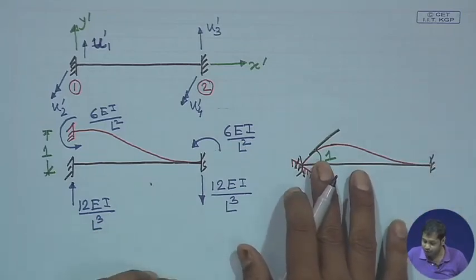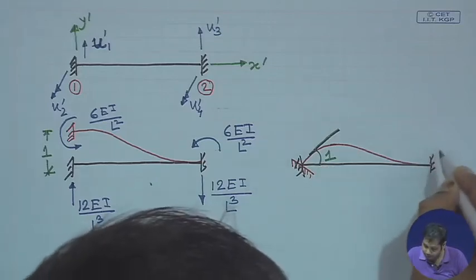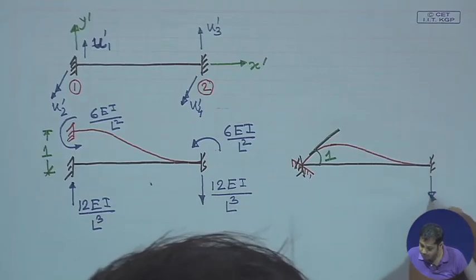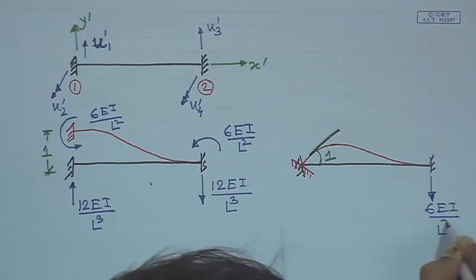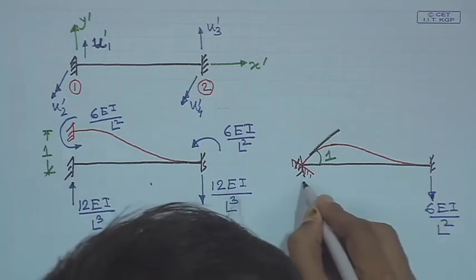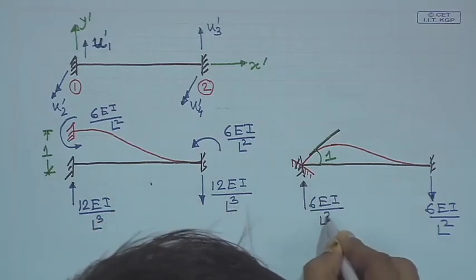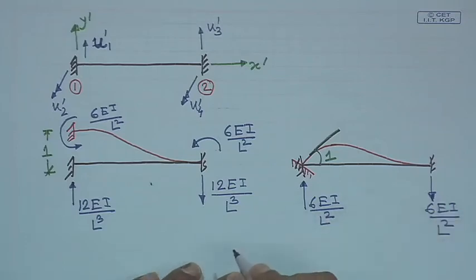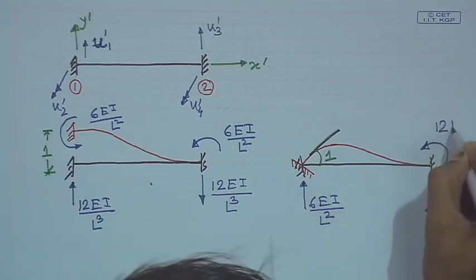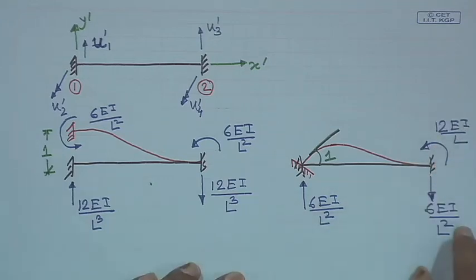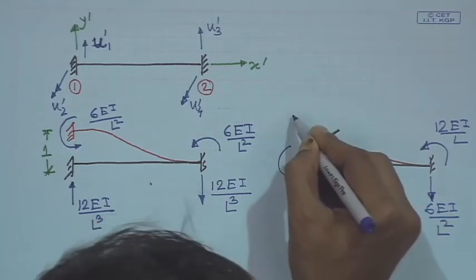If we give a unit rotation here, then the corresponding forces will be: we have a vertical force here, which will be 6 EI by L square, and then there will be a reaction here which is again 6 EI by L square. To satisfy equilibrium, there will be one in the opposite direction, and there will be a moment here.